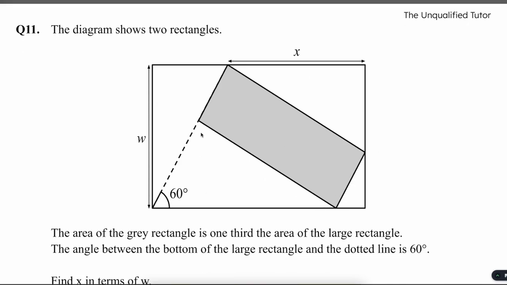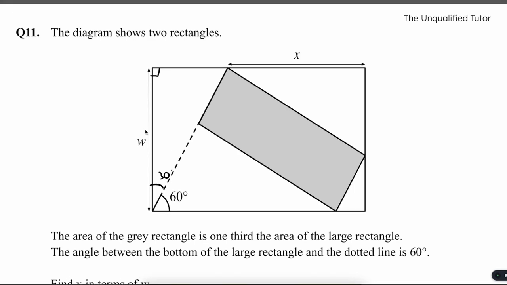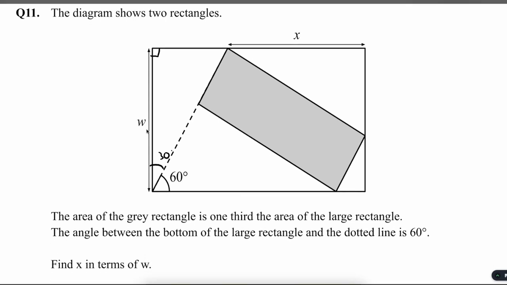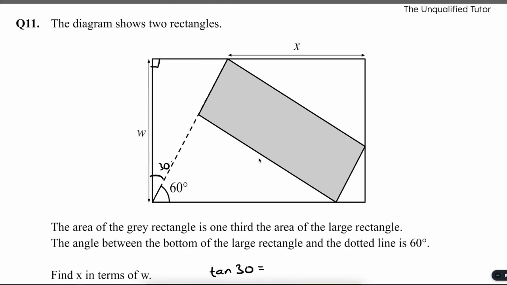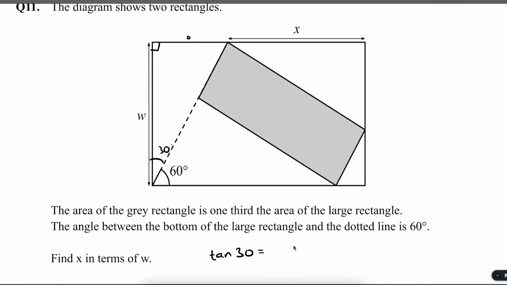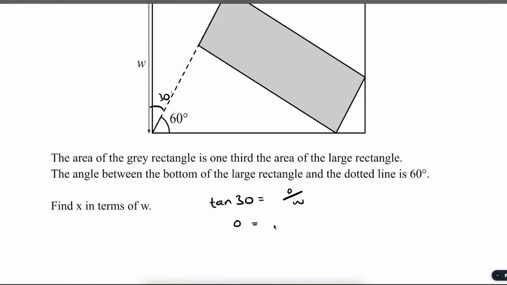So we're going to use SOHCAHTOA, because we know this is 30 degrees, so this is going to be tan. So tan 30 degrees equals opposite, which we'll call O, over adjacent, which is W, so O equals W tan 30.